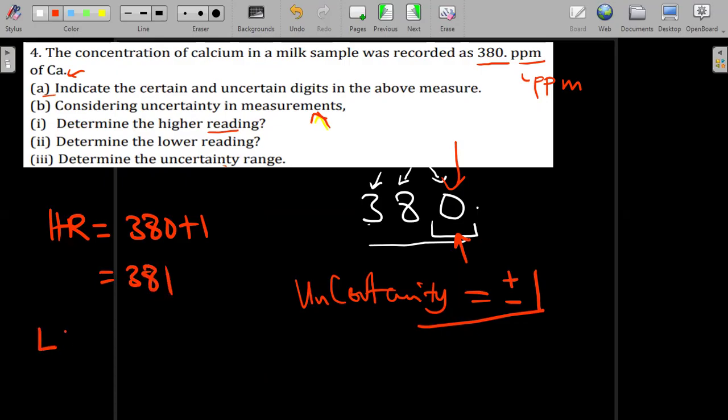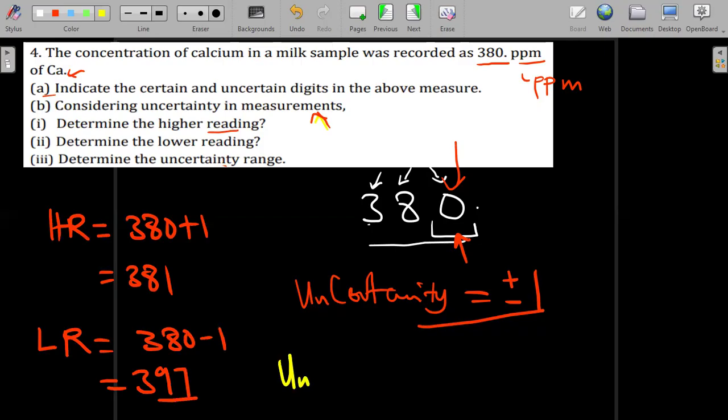And then the lower reading will be equal to 380 minus 1. We use the plus for the higher reading and the minus for the lower reading. So the lower reading will be 379. And from there we can calculate our uncertainty range.